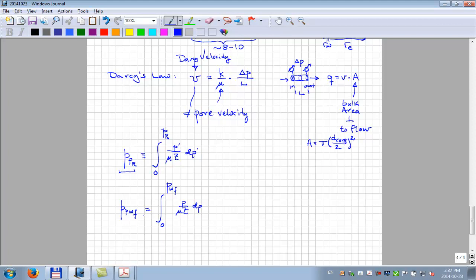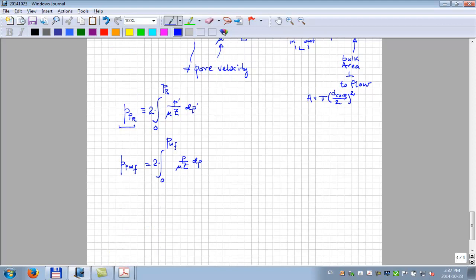And for reasons just to confuse you, the formal definition has a 2 in front of it. Okay, sorry. Later on I'll explain why it's there.